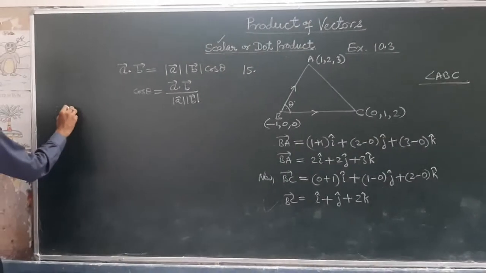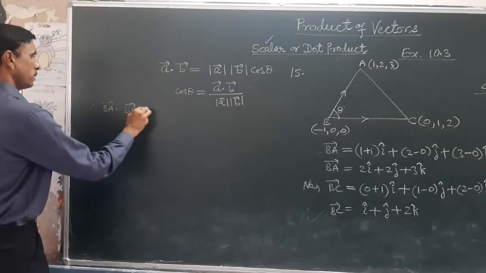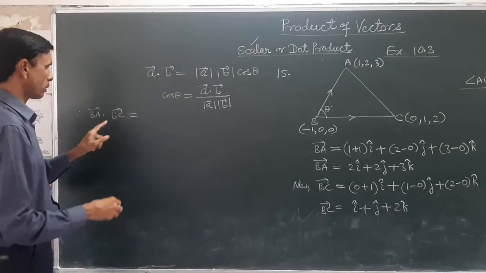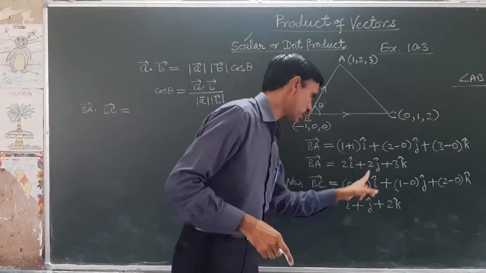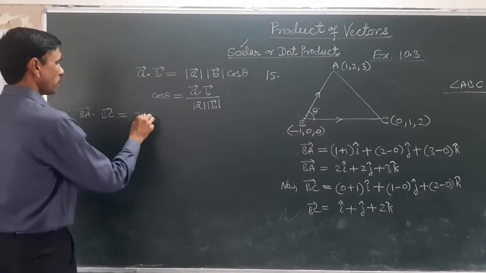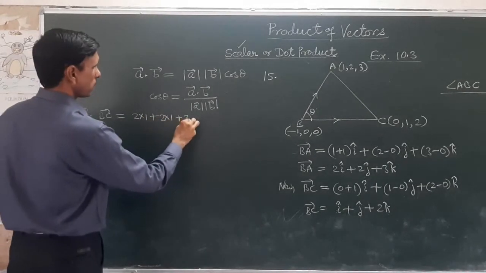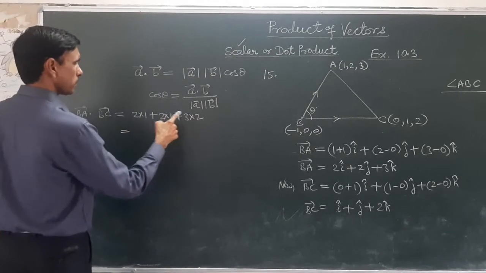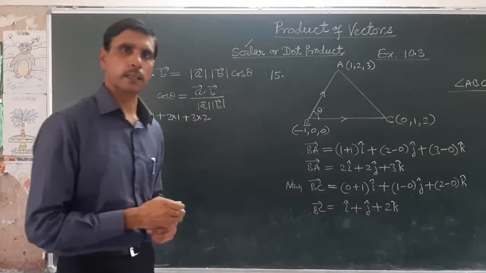Therefore BA dot BC, देखो एंगल कैसे आता है, ऊपर डॉट नीचे मैग्नीट्यूड, BA dot BC, दिस इज BA, दिस इज BC, करस्पॉन्डिंग कंपोनेंट्स को मल्टीप्लाई कीजिए, सारे पॉजिटिव है, 2 into 1 फिर 2 into 1 plus 3 into 2, this will be 6, 6, 10, this is 10.